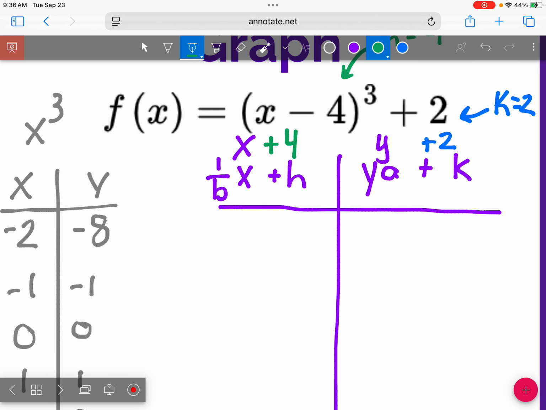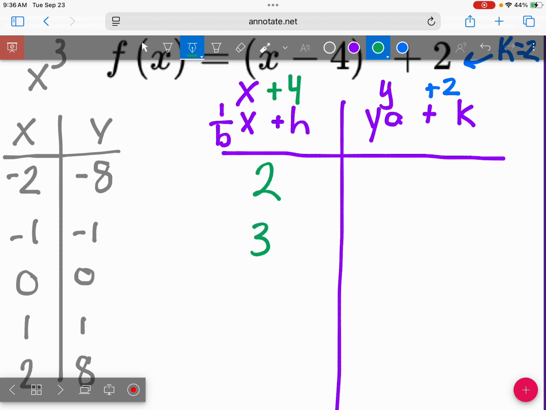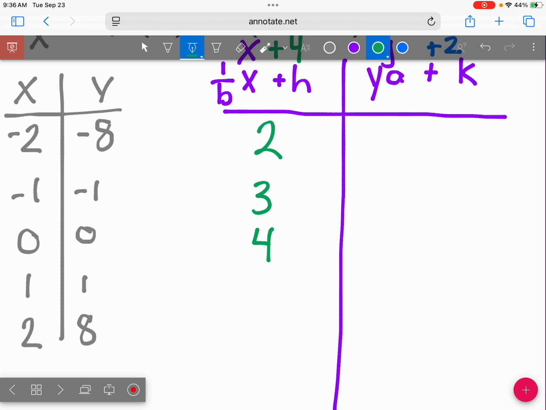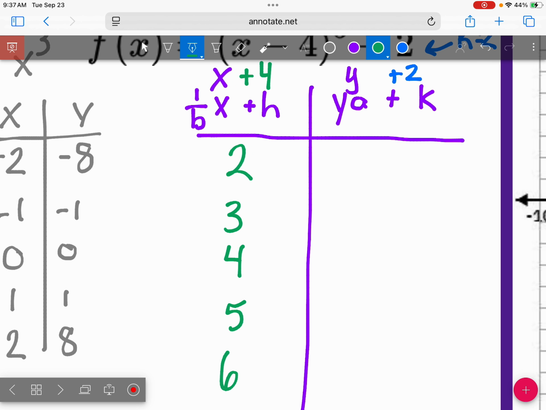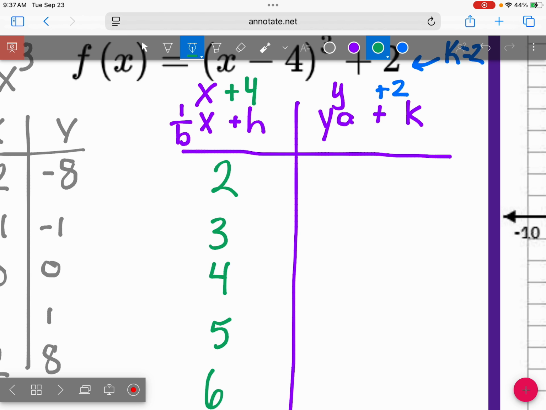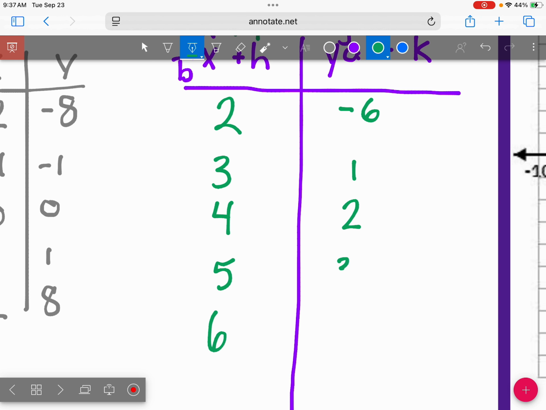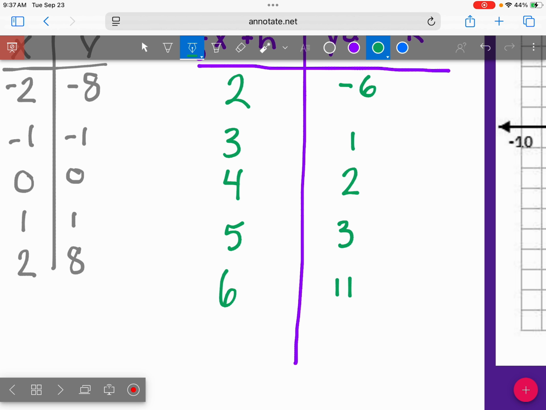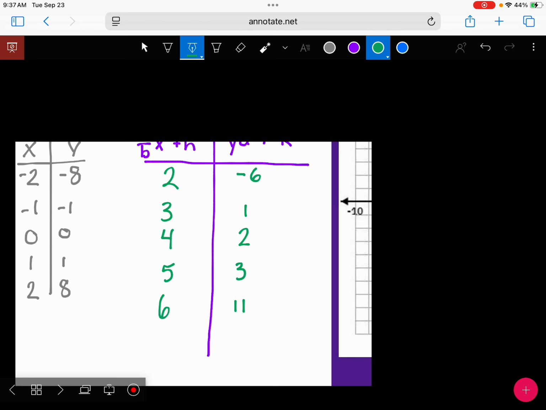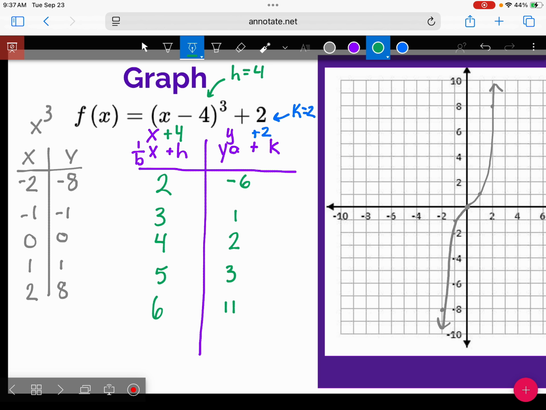So our -2 plus 4 gives us a +2. -1 plus 4 is a +3. 4, 5, and 6. For our y's, same vibe. -8 plus 2, we're going to have -6, -1 plus 2, +1, 0 plus 2, 2, 1 plus 2, 3, 8 plus 2, 10. There we go. Oh, I was adding 3 randomly at one point.